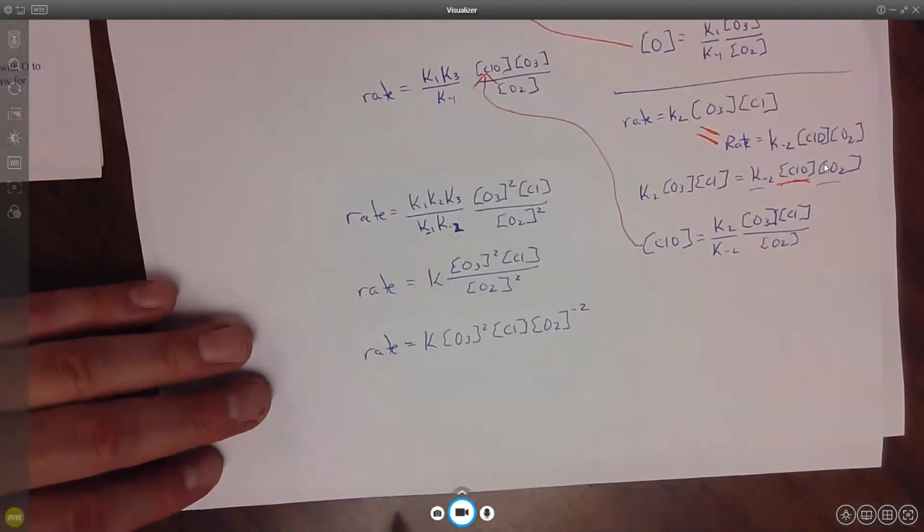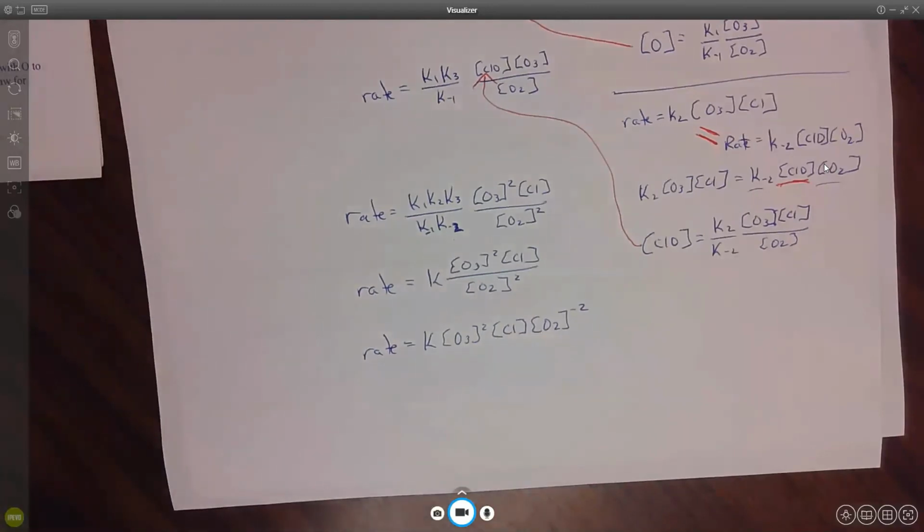What is the overall order of this reaction? Lee, what's the overall order? 5. Pardon me? Oh, I'm sorry, 2. Let's go through this.